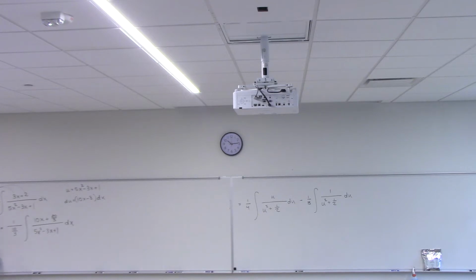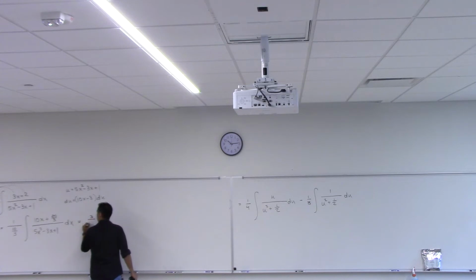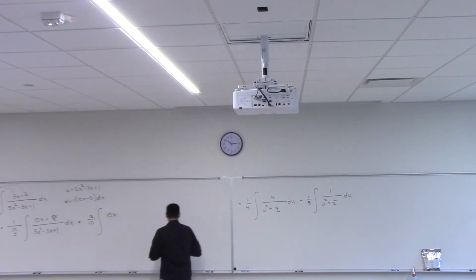So far, I have the 10x, right? I don't have the minus 3. So I'm going to put here, next to this, minus 3 plus 3. I'm also going to go ahead and flip that fraction out front, 3 over 10. 10x. What did I say I wanted? Minus 3.